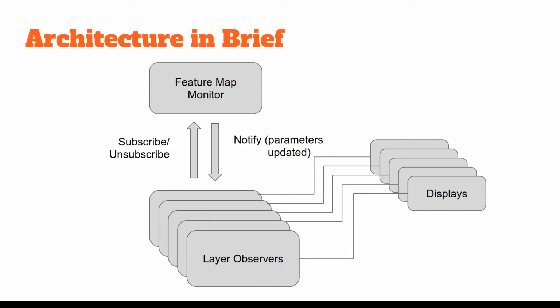Whenever there is a change in the parameters or the feature maps of the layers, the feature map monitor notifies this to the layer observers, which in turn update their display. Thus, we are able to visualize the feature maps of each of the layers in real time.